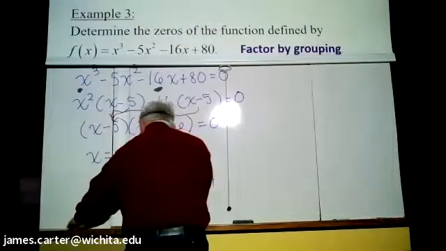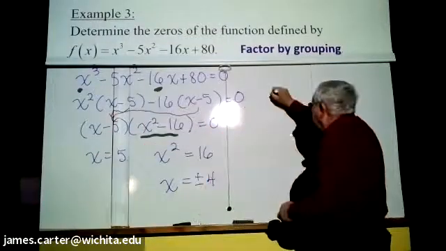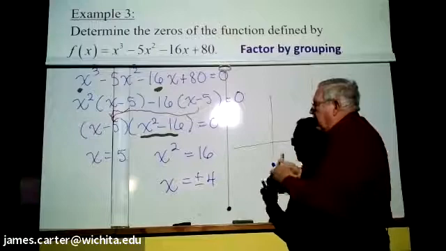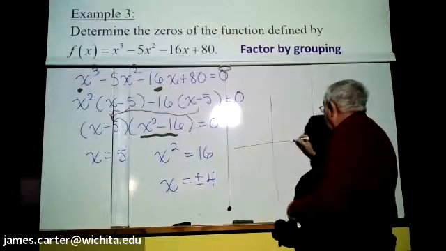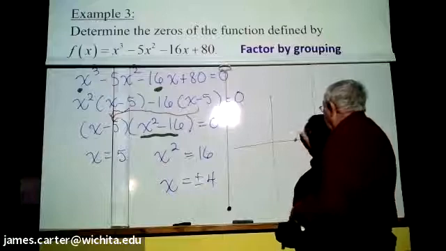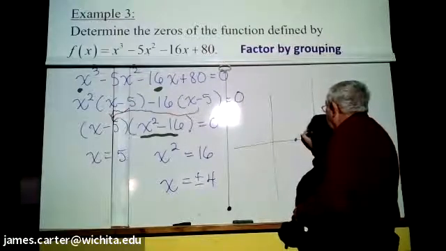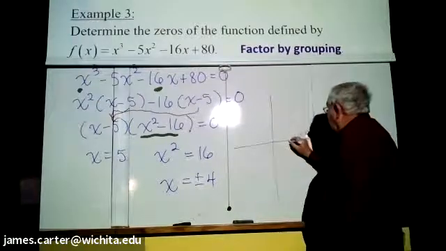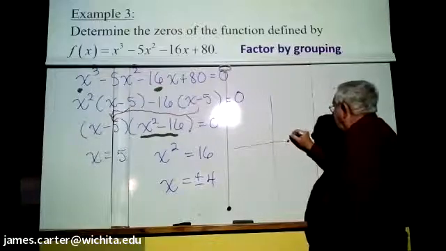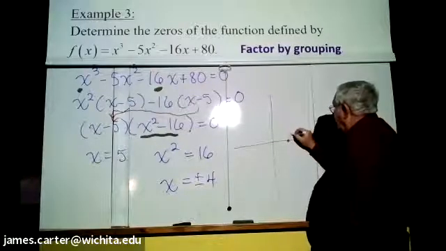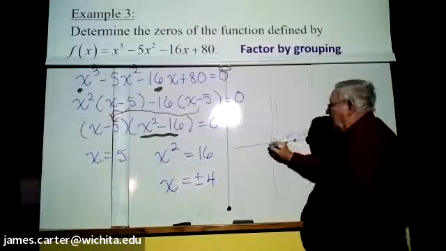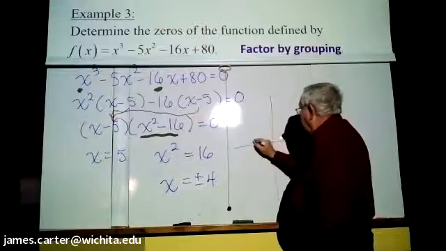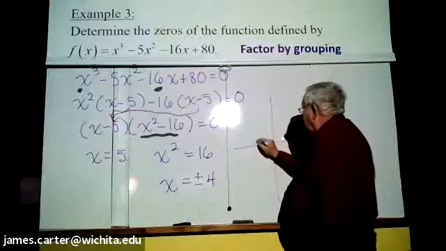In this particular instance, I have x equals 5 right here, the point (5, 0), and then x equals positive 4, the point (4, 0), and the point (negative 4, 0).